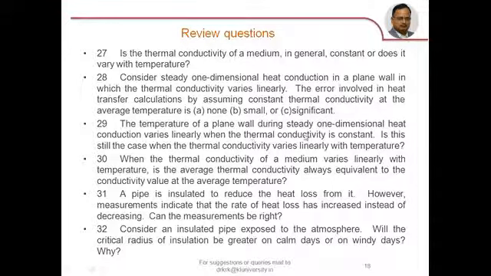The temperature of a plane wall during steady one-dimensional conduction varies linearly, and in case if you consider thermal conductivity varies with temperature, will it be linear or something else?